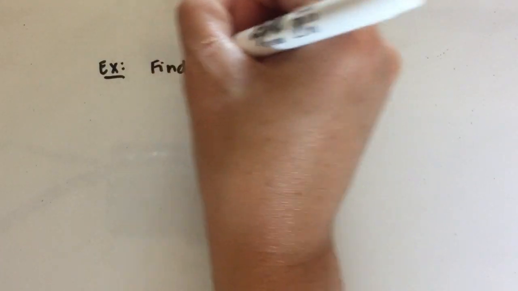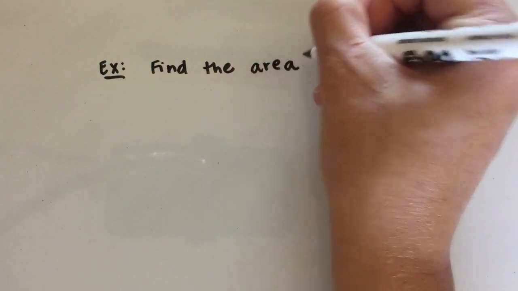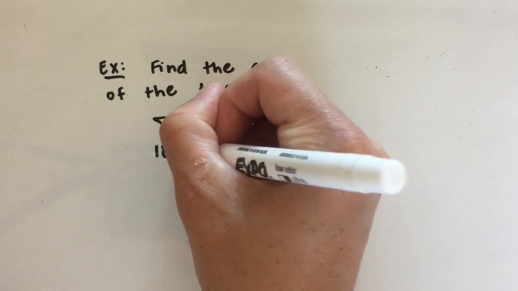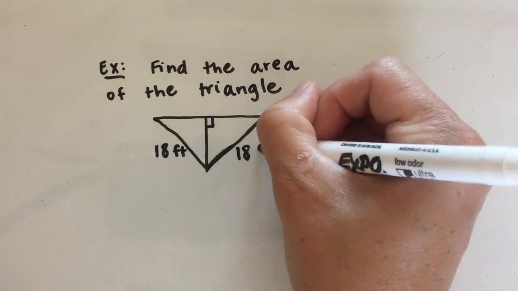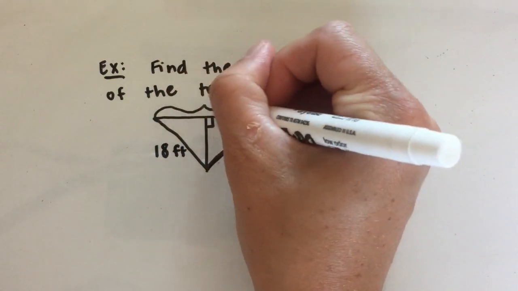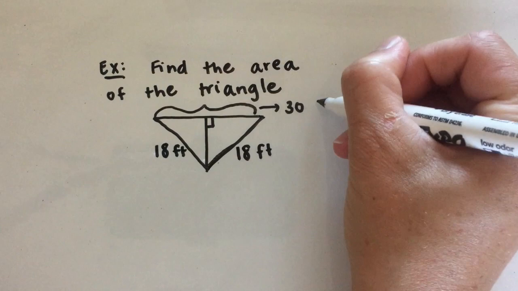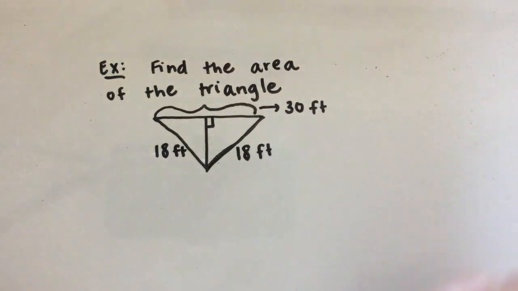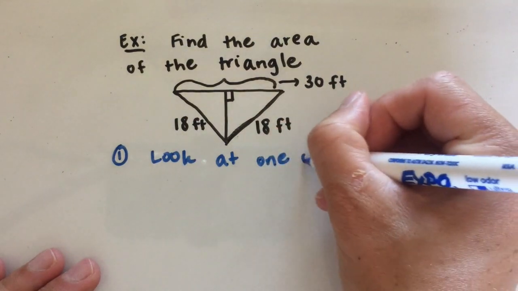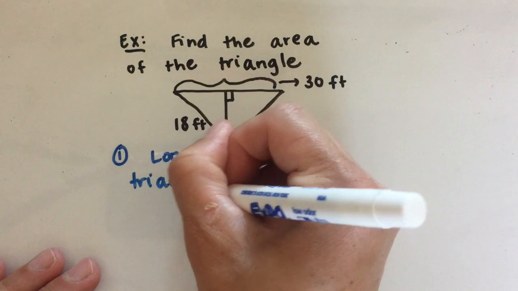And for my last example, we want to find the area of the triangle that has a base of 30 and two sides of 18. We want to start off by solving for the height, so we can look at each of these triangles individually, since they are both congruent.